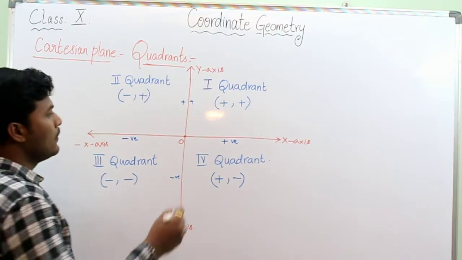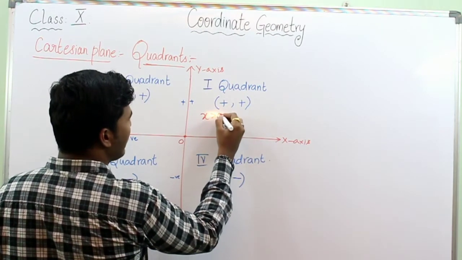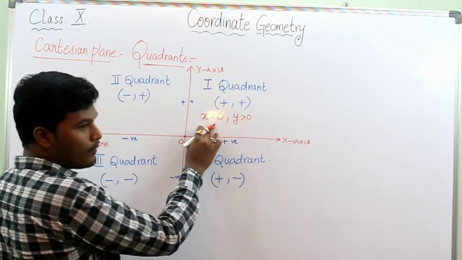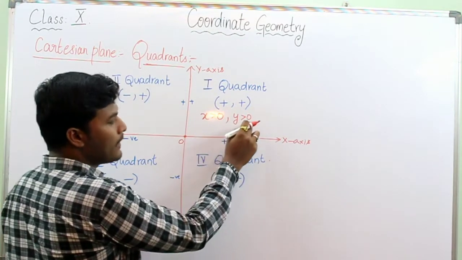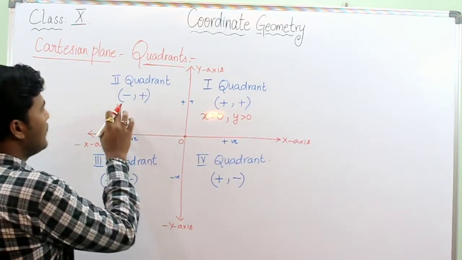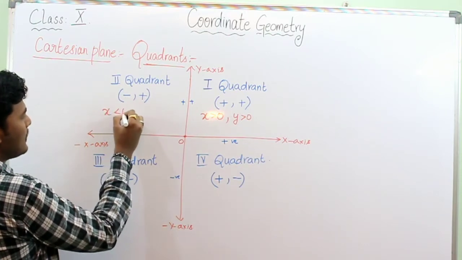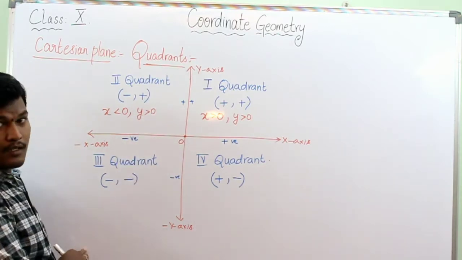As they are positive in the first quadrant, we represent it as x greater than 0 and y greater than 0. In the second quadrant, the x values are negative, so x is less than 0, and y values are positive, so y is greater than 0.